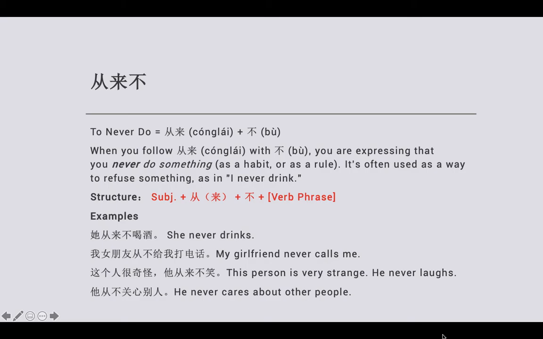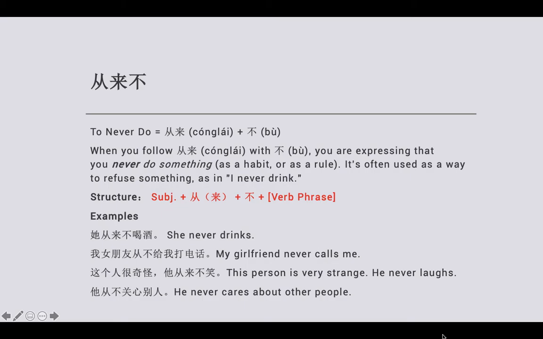For example, 他从来不喝酒. 他 she 从来不 never 喝酒 drinks. 我女朋友从不给我打电话. You see here, as in casual speech, the 来 is omitted. So, 我女朋友 my girlfriend 从不 never 给我打电话 call me.